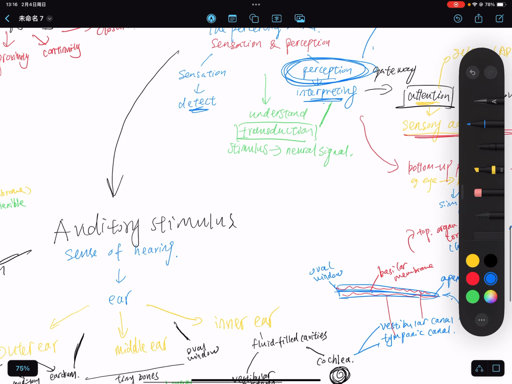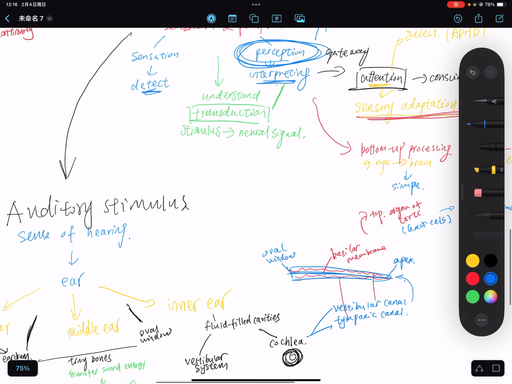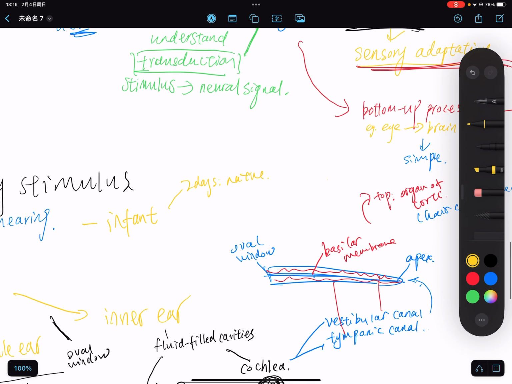What about human beings? Human infants, at 2 days, can respond to their native language. And we also know that the left hemisphere is larger in musicians, and they have something called absolute pitch.